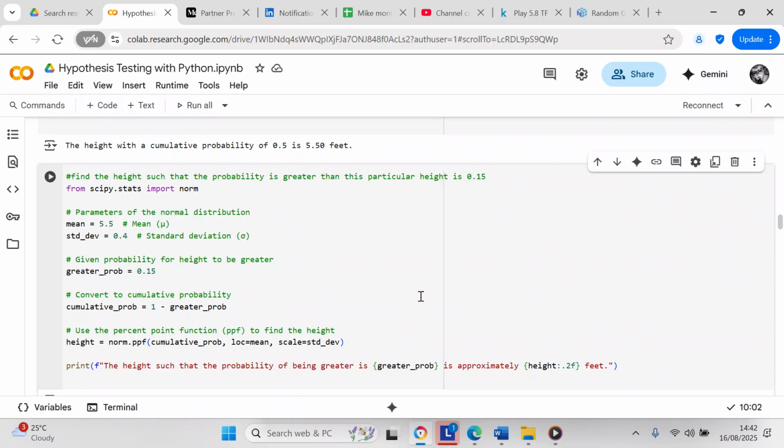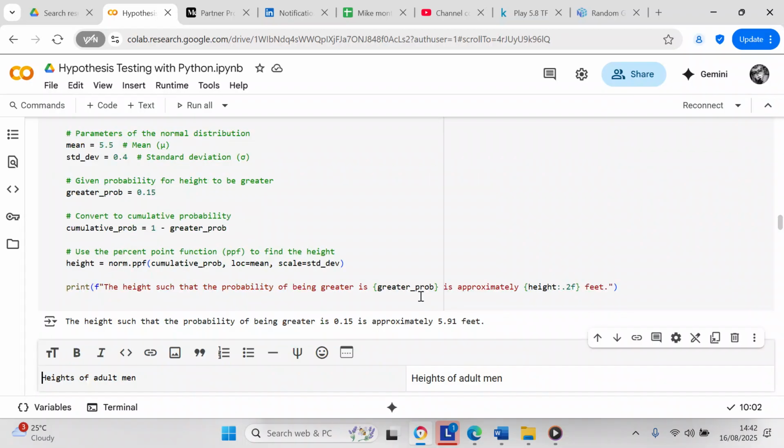And we're going to print the height such that the probability of being greater prob is approximately height feet. So the answer to that is the greater prob is 0.15, and it's approximately 5.91 feet.